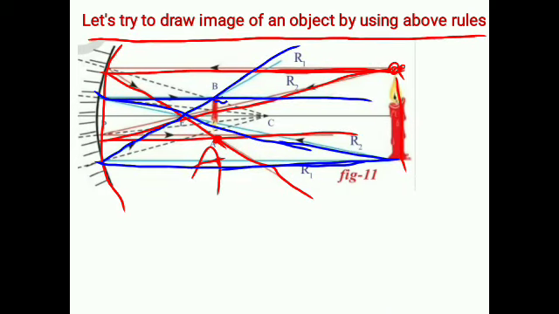These two reflected rays meet at B, and this is the image of the bottom of the candle. Like this, we get an inverted image of the candle as shown in figure.